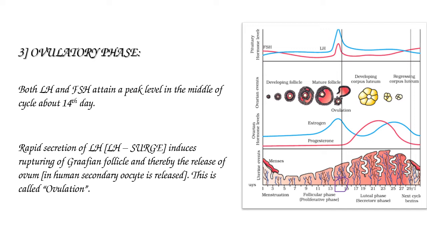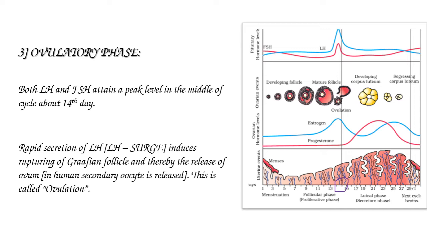During the ovulatory phase, the pituitary hormones are at peak level, particularly luteinizing hormone. This rapid secretion and high level of luteinizing hormone we call the LH surge.